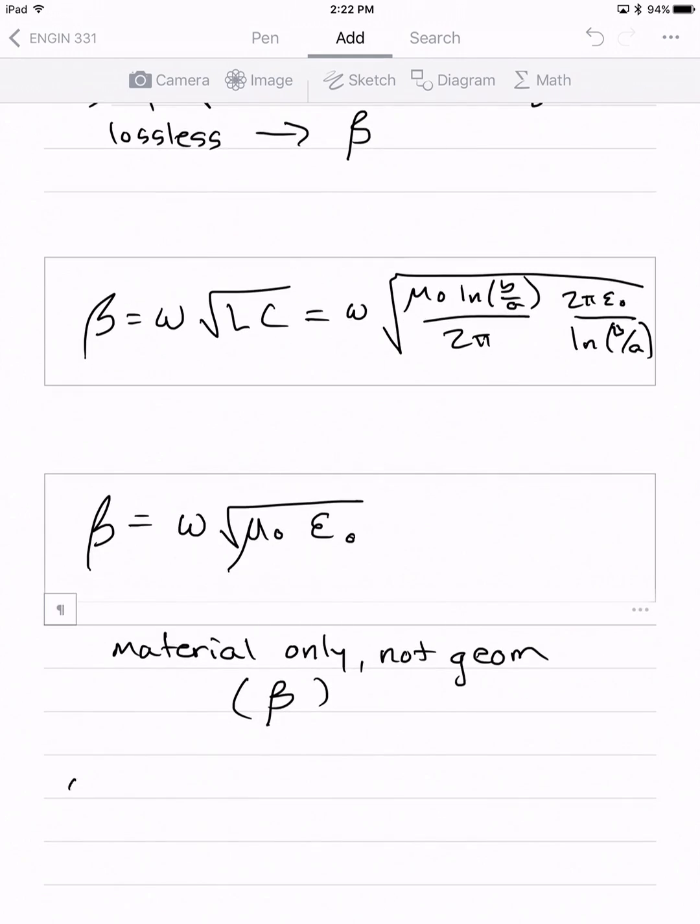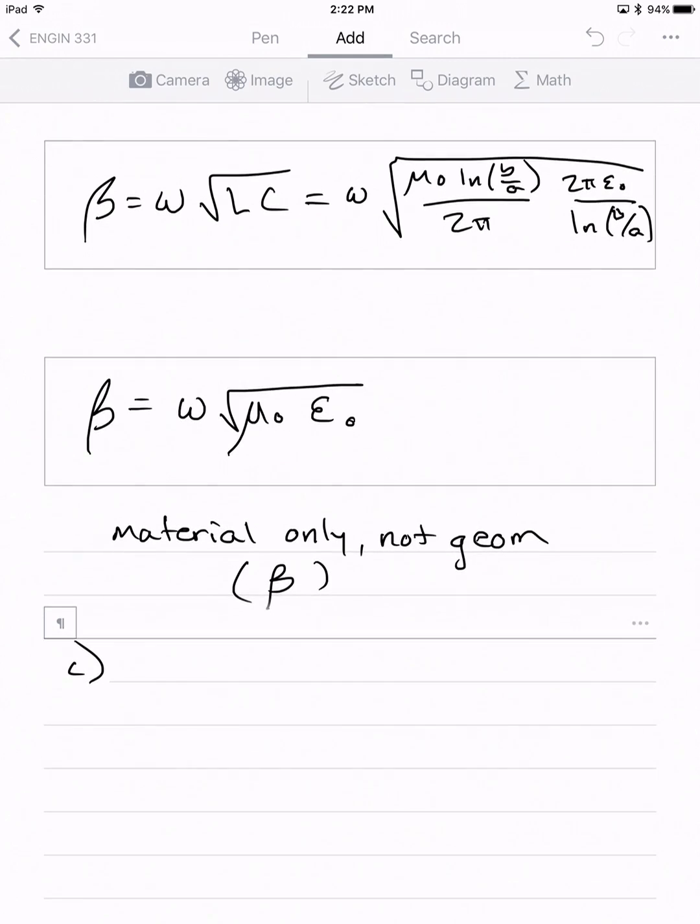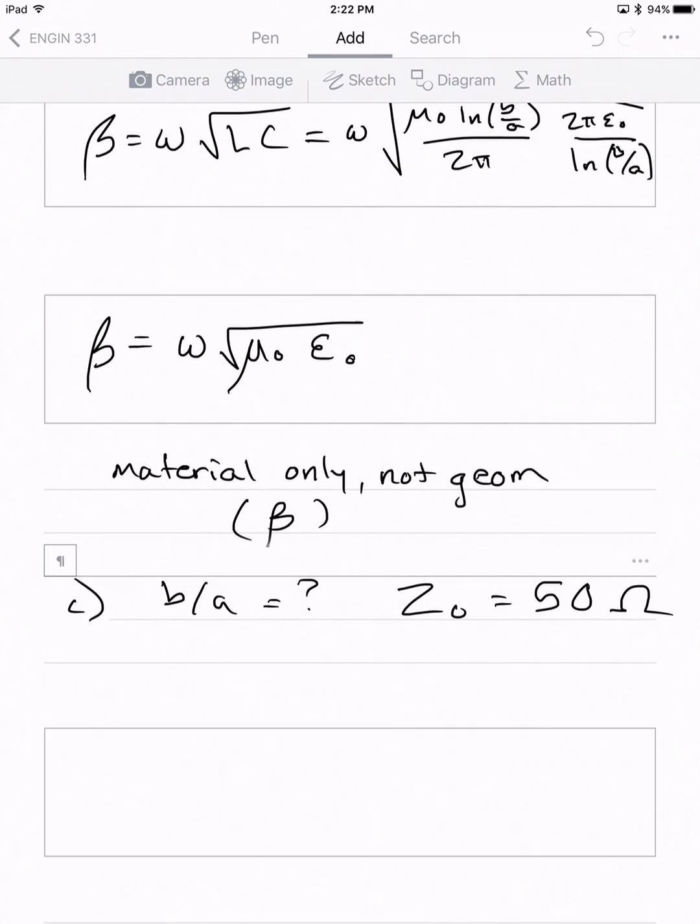For the last part of this problem, part C, we are asked to find the ratio of b over a to make the characteristic impedance equal 50 ohms. So let's go back up to the solution that we had for that. Z0 is equal to the intrinsic impedance of free space divided by 2 pi times ln of b over a.